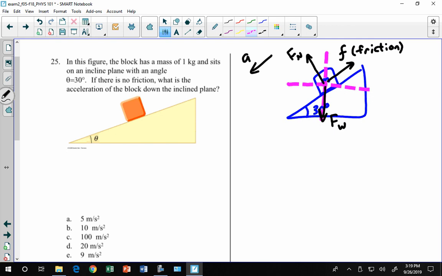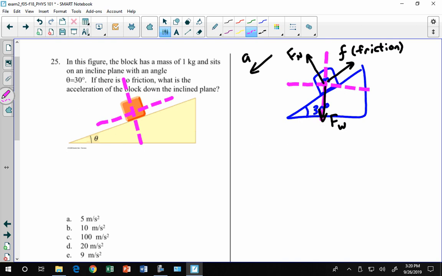And so this coordinate system doesn't work very well for us because it only gives us one force or vector on an axis, but then we have at least three others that are off axis if you include the acceleration, which you do. So the best way to do the coordinate system for these inclined planes is going to be like this.